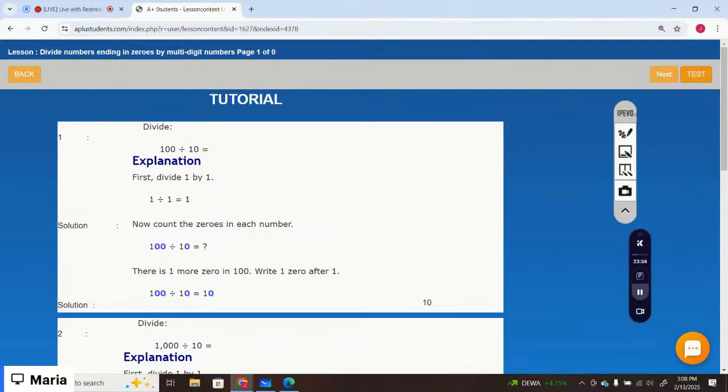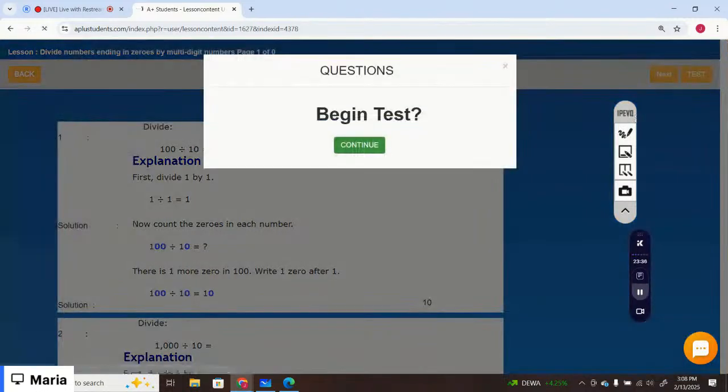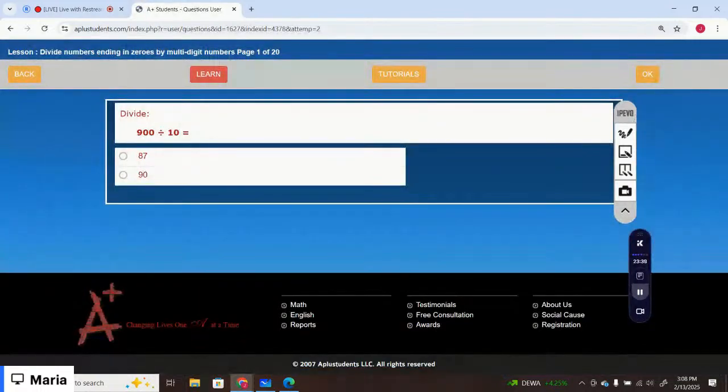So let's just start with the test questions. 900 divided by 100. So how do we divide?